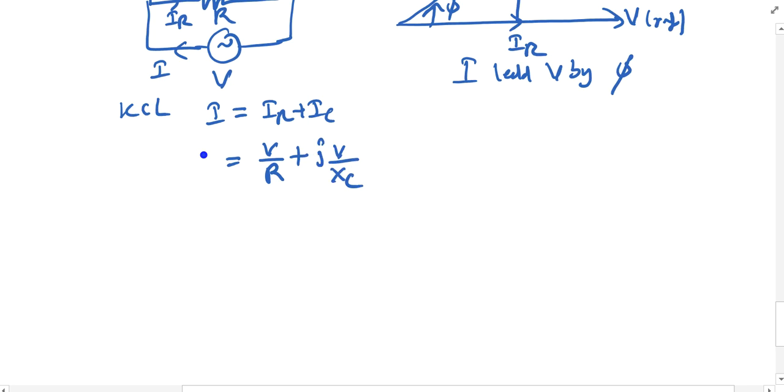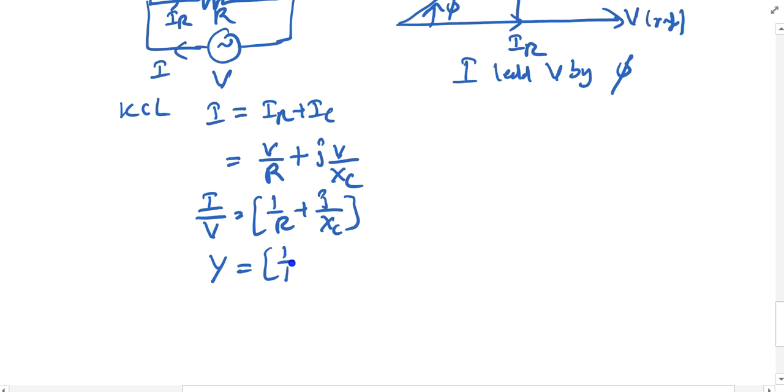I can write this once again. So I can write I by V is equal to 1 by R plus J by XC also. I can convert this I by V as Y, so it is simply 1 by R plus J into 1 by XC.